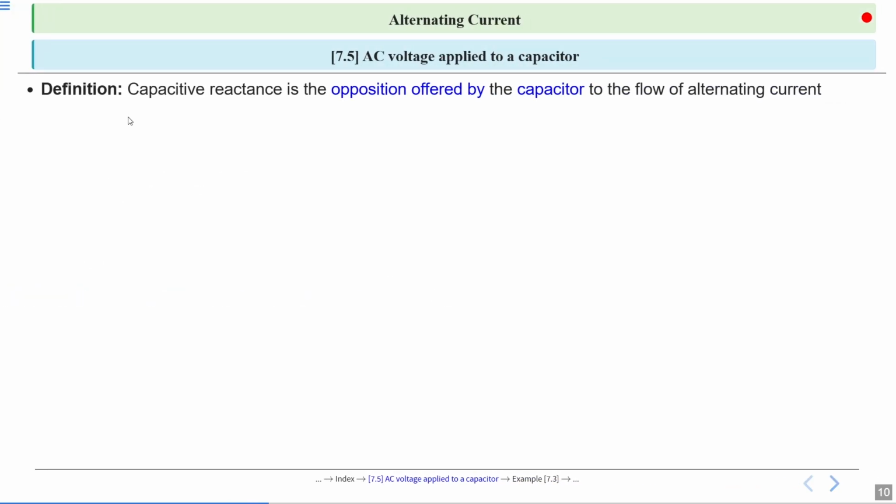So what is the definition of capacitive reactance? Capacitive reactance is the opposition offered by a capacitor to the flow of alternating current. As a resistor offers opposition in the case of a resistive circuit, similarly capacitive reactance, which is equal to 1 by omega C, is analogous to resistance.